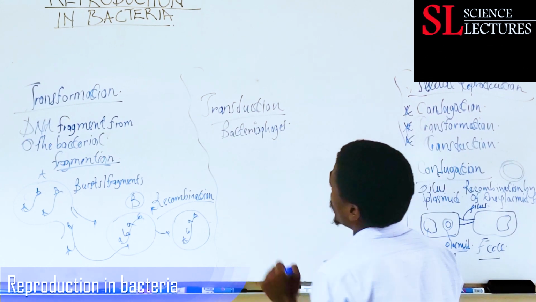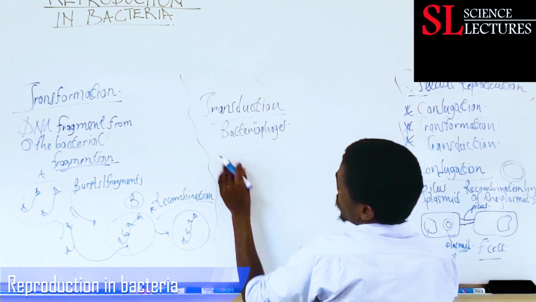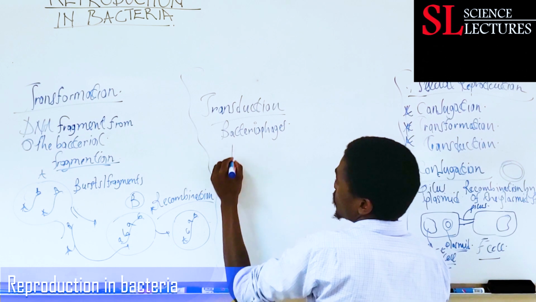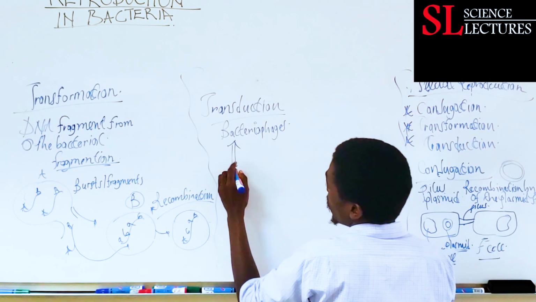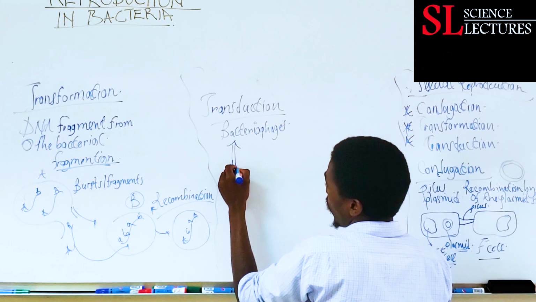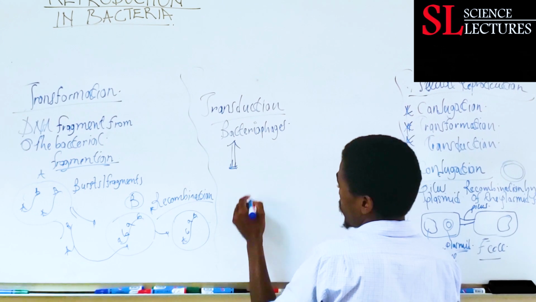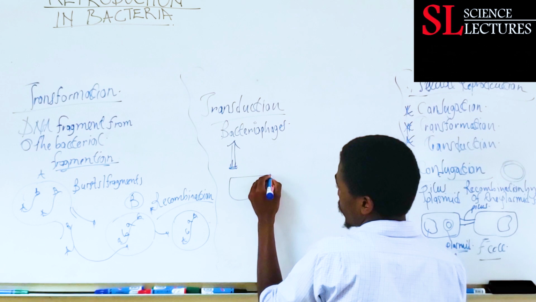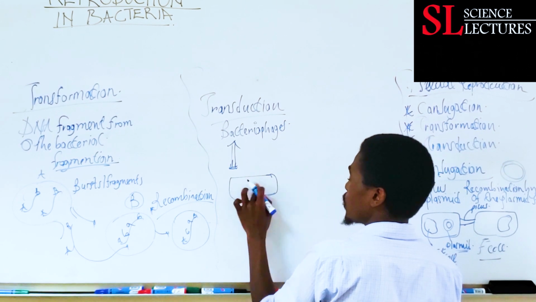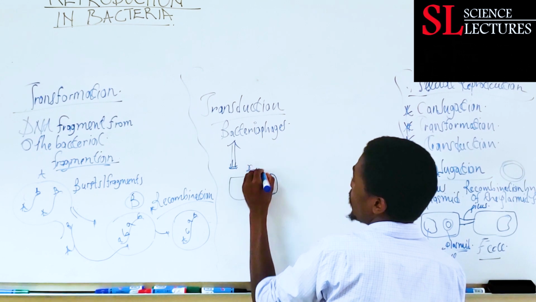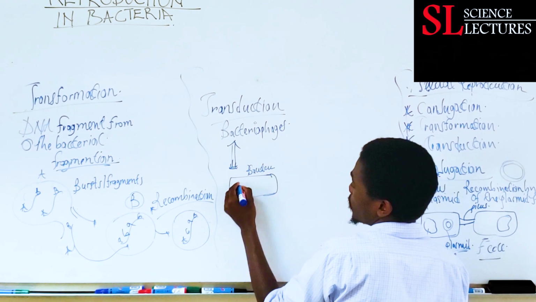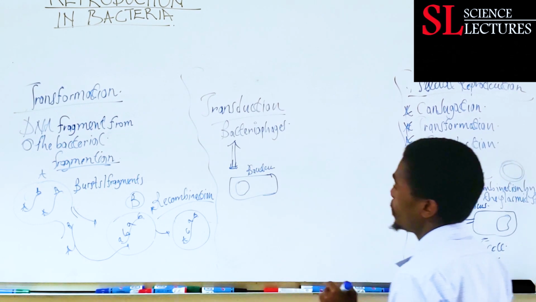So that is basically what transduction is all about. Let's say this is our bacteriophage, then it comes to the bacterial cell. This is the bacterial cell, of course having some DNA there.